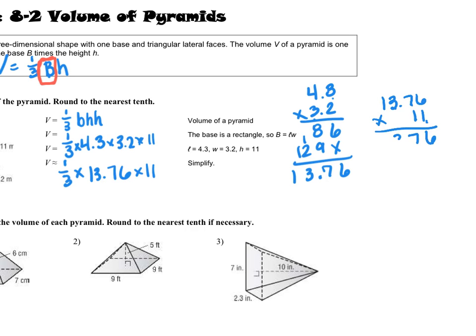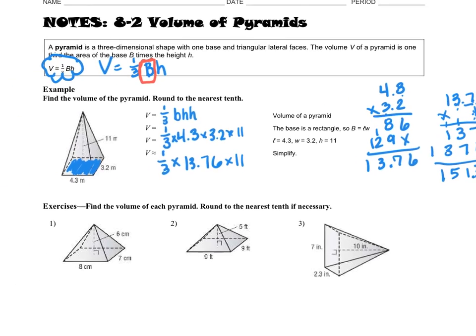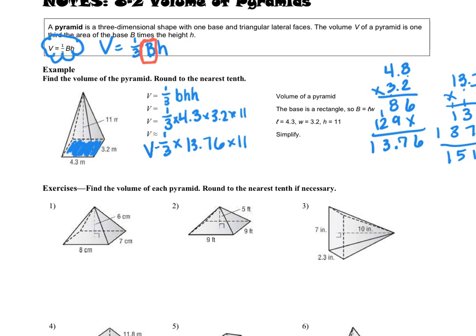So 1 times 3, 1 times 1, 1 times 6, 1 times 7, 1 times 3, 1 times 1. I get 151.36. So I got 1/3 of 151.36.